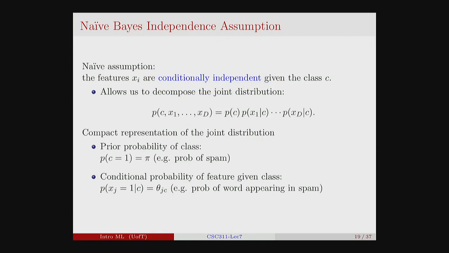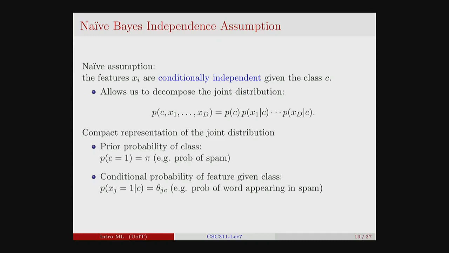Okay, so what have we done? How many numbers did we need to represent the thing on the left? If we did a naive estimation of it, we would need 2 to the d plus 1 minus 1 numbers.